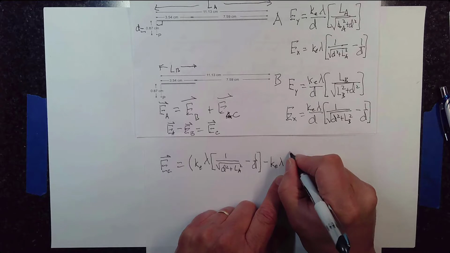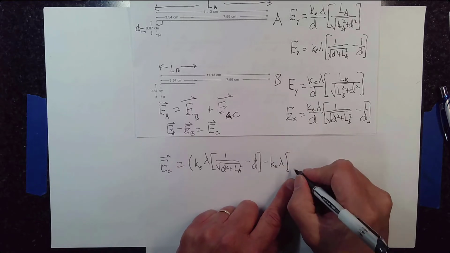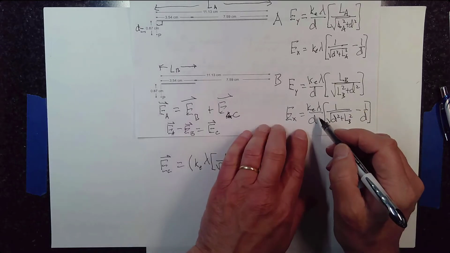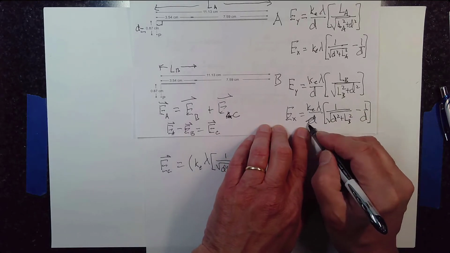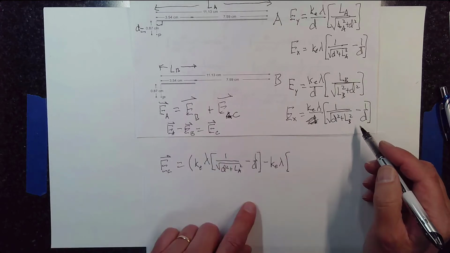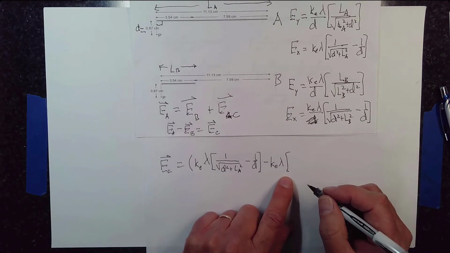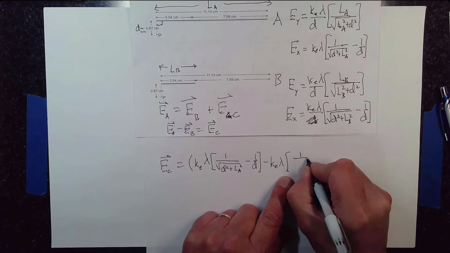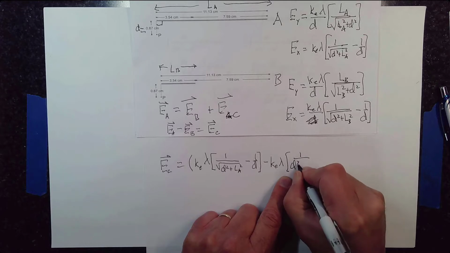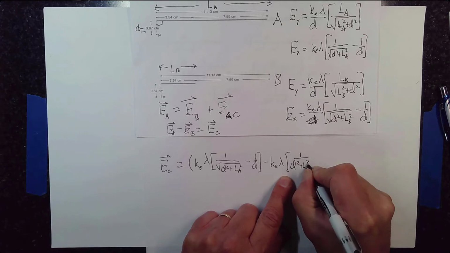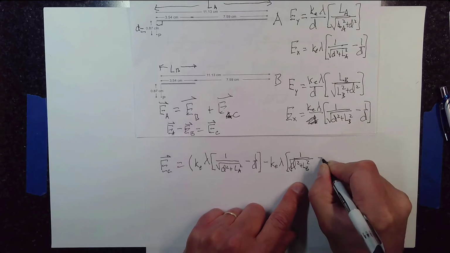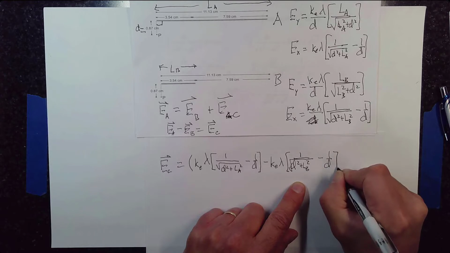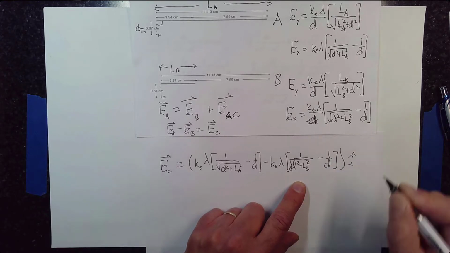And I'm doing the X components first. Oops, this one should not have had a D on the bottom. Yeah, that one doesn't have a D on the bottom. Anyway, let's see, 1 over the square root of D squared plus L sub B squared, minus 1 over D. And that's the I hat component.